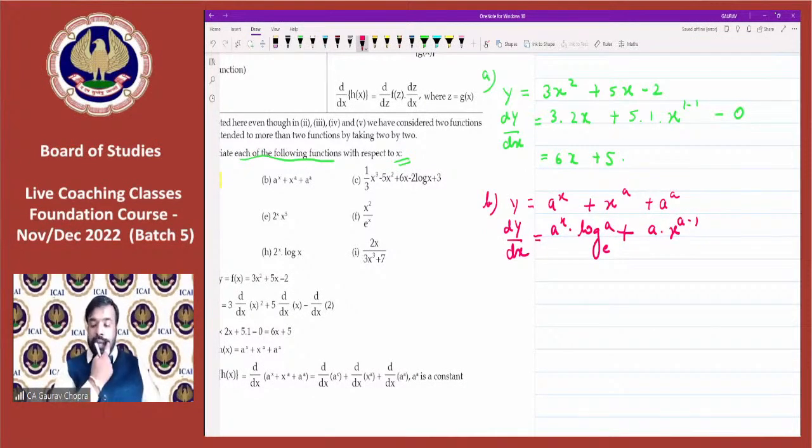So a multiplied by x to the power of a minus 1, plus a to the power of a. a is a constant and the power is also a, so the complete term is a constant. Since it is a constant, the derivative will be 0. So this is the final answer for the second portion. All right.